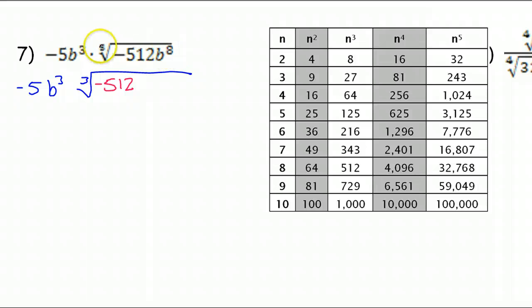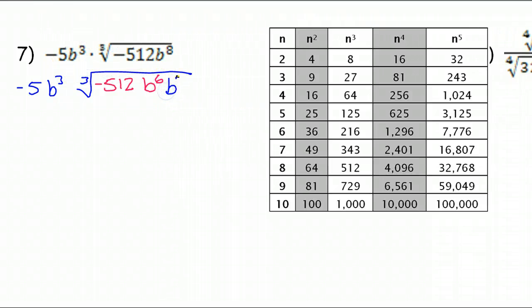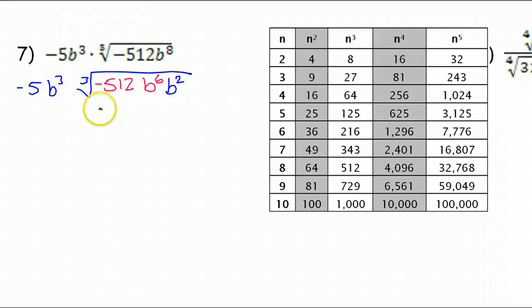Let's see. 8 is not divisible by 3, so I will have to split this up as b to the 6th power, which is the first number below 8 that is divisible by 3. And I will have 2 b's left over for a total of 8 still. Now everything here in pink is going to simplify and come out of the radical.